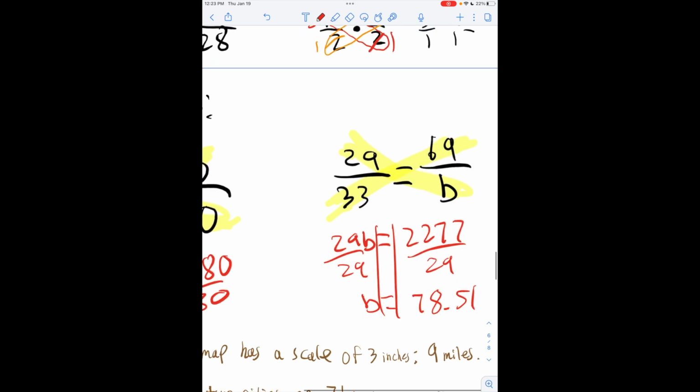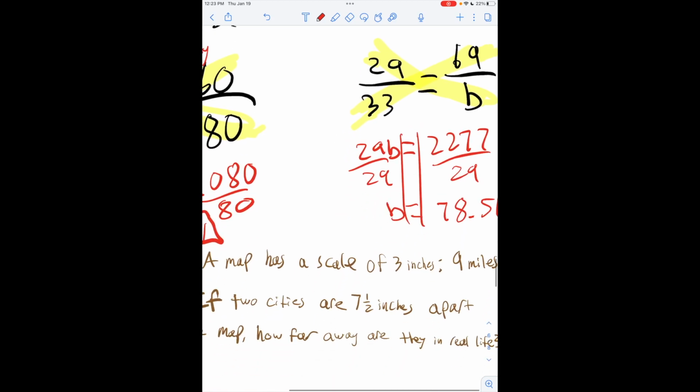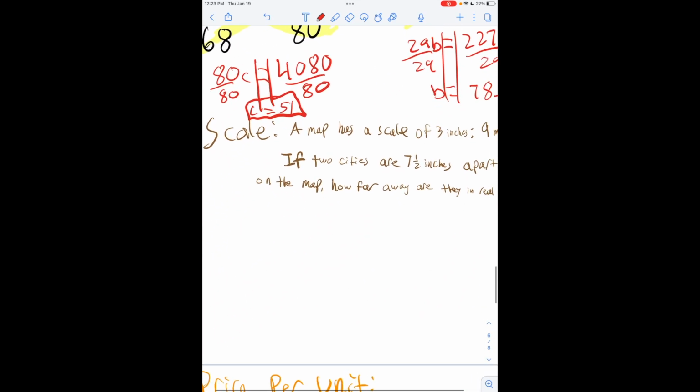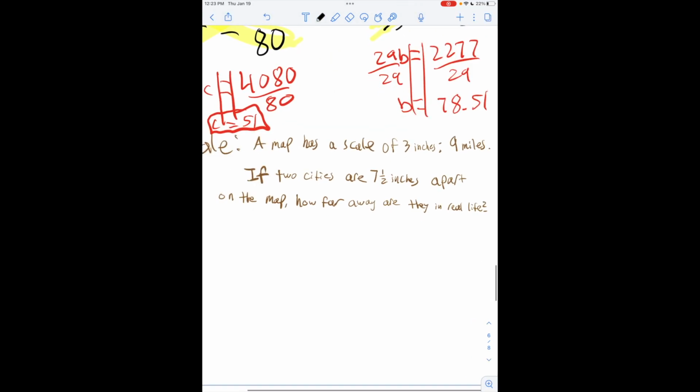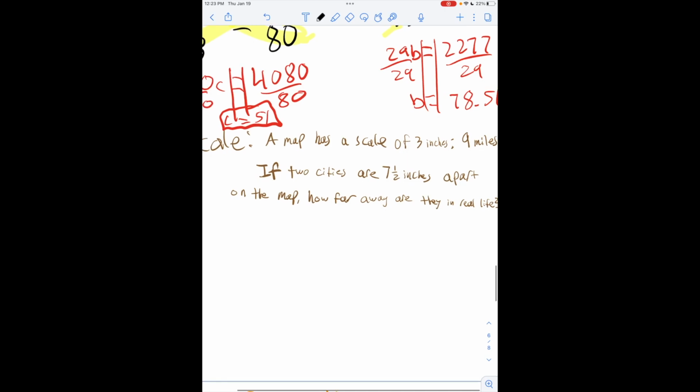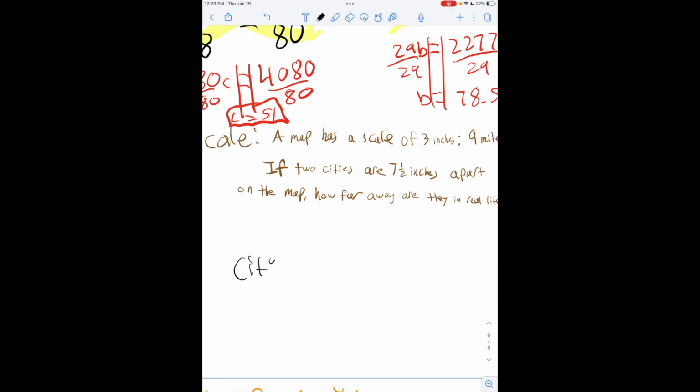Scale map problem. All right, a map has a scale of 3 inches to 9 miles. If two cities are 7 inches apart on the map, how far away are they in real life? So again, if this is city A and this is city B, they're saying that this is 7.5 inches.